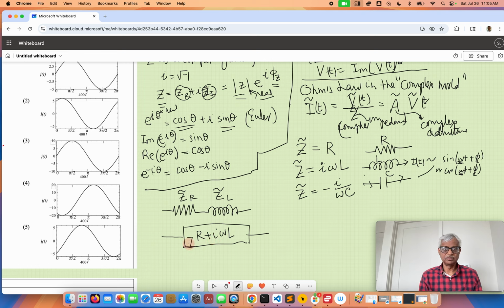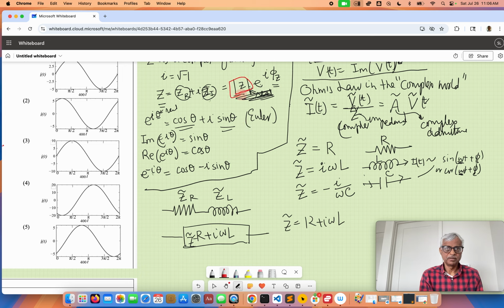So Z together is R plus I omega L, and we need to convert this into phase information and amplitude information. What will be the relation between these guys? Well, let me write that down also.